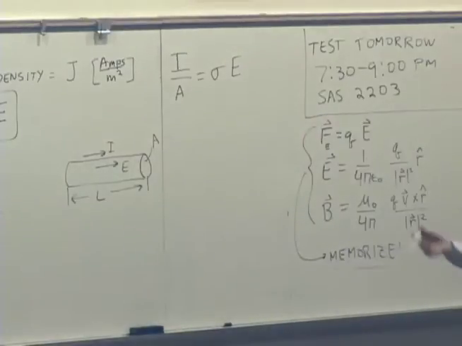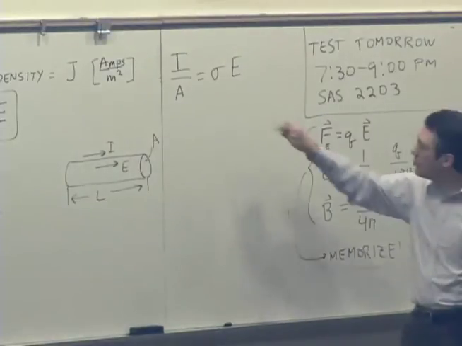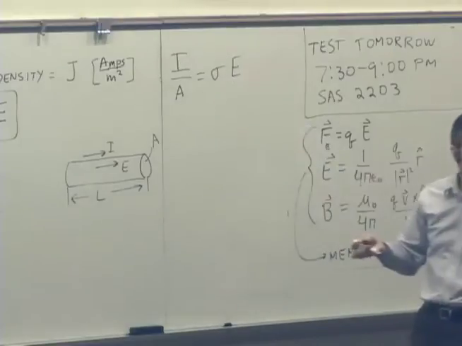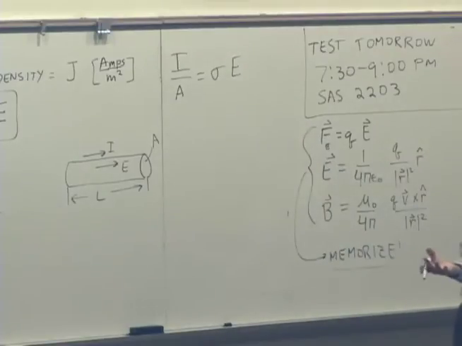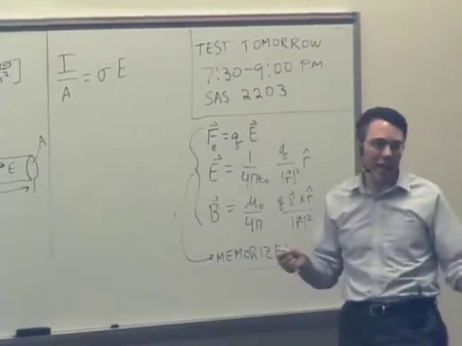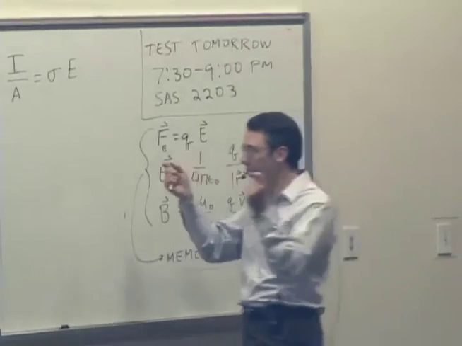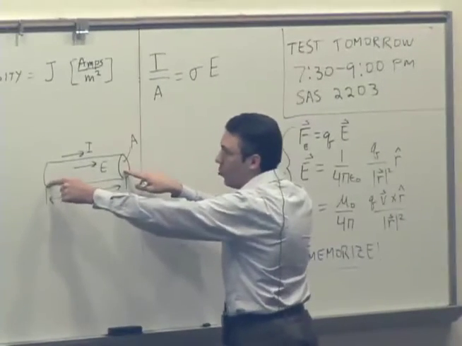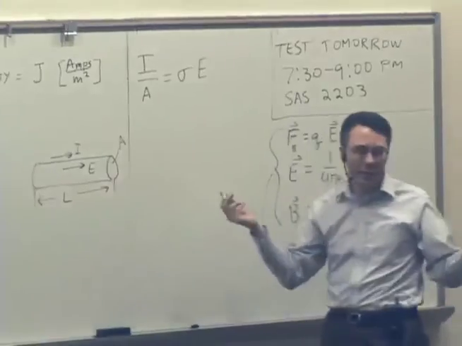The electric field can be calculated, but directly it's often tricky to measure. It is easier to measure potential differences, and you've done this in lab. You've gotten a voltmeter out, connected your voltmeter to two ends of a wire, and you get a reading. So you get a voltage.